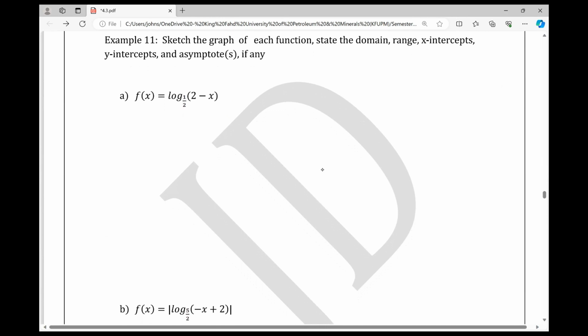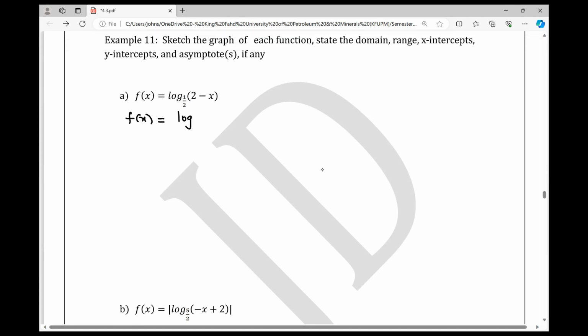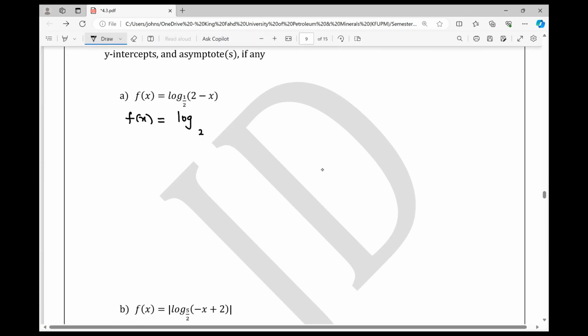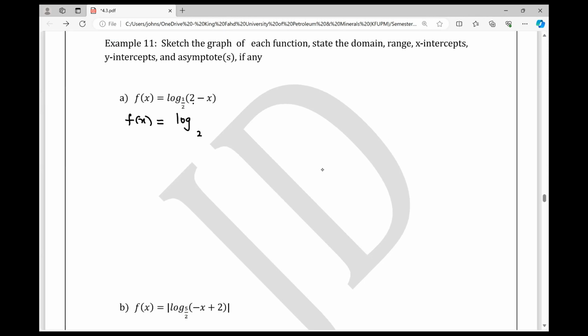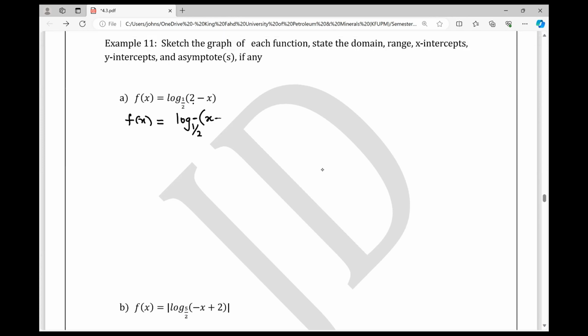So here, what can we do? We can see that f of x is a log, right? So we can rewrite this as log half, log 1 over 2. Then here, we can take a minus out so that you have x minus 2.